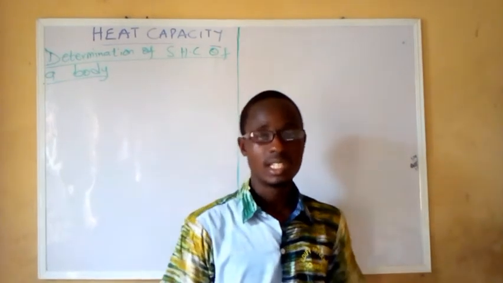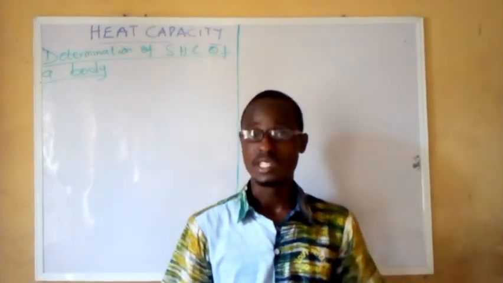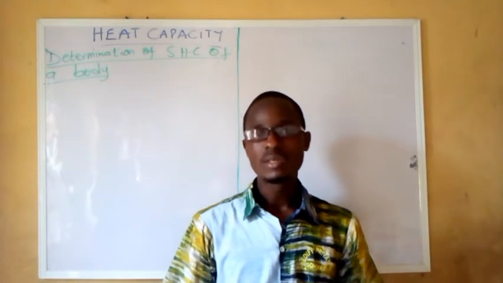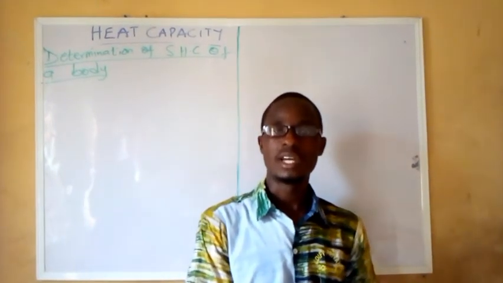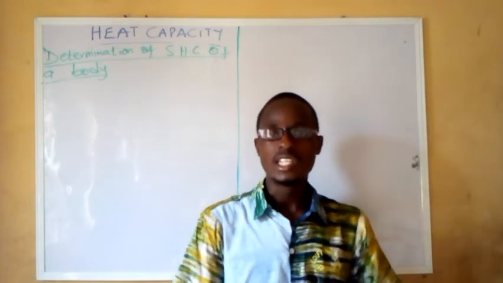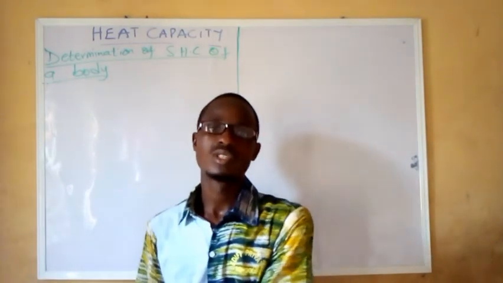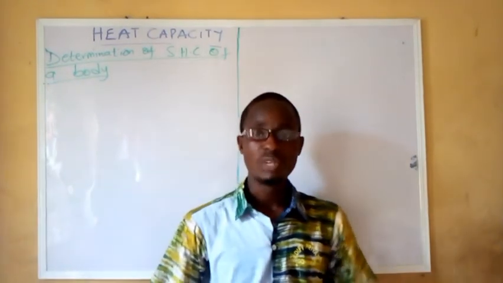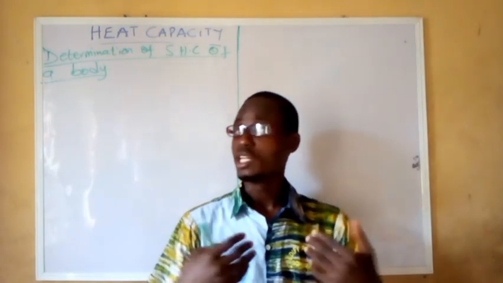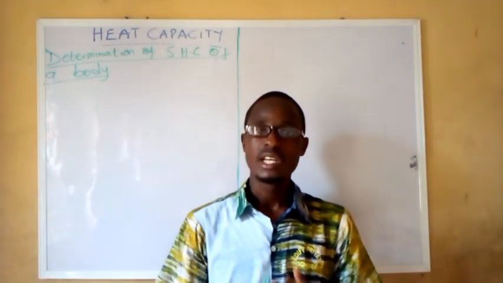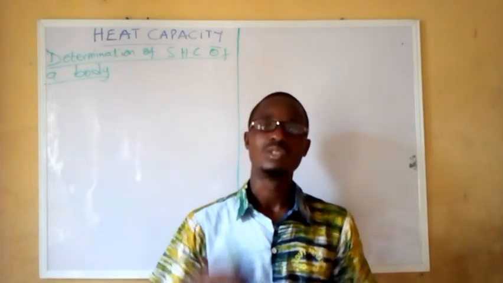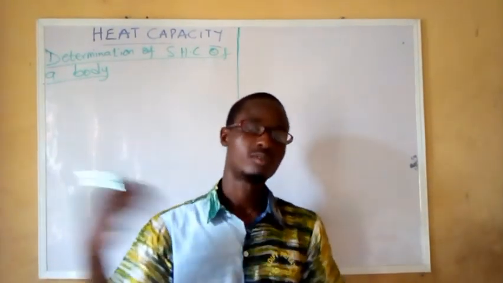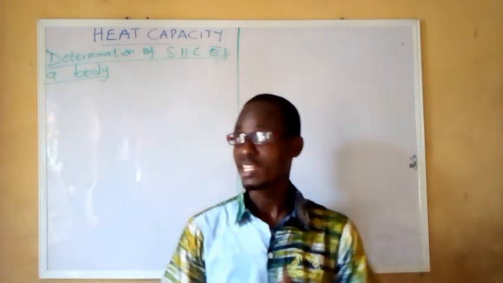So one loses heat and the other gains the heat. The law states that heat gained by a certain body is equal to the amount of heat lost by the other body. So if I am gaining heat, the amount of heat I gain is equivalent to the amount of heat lost from the source that supplied heat to me.